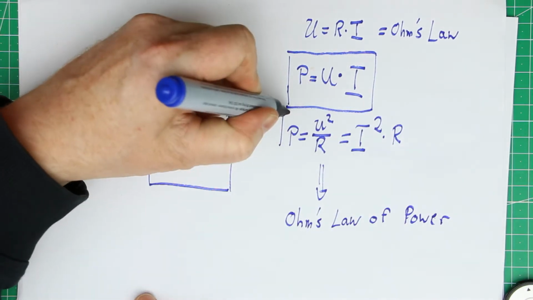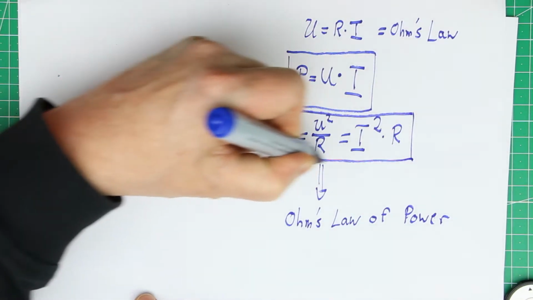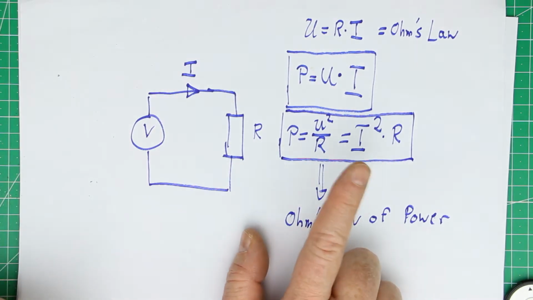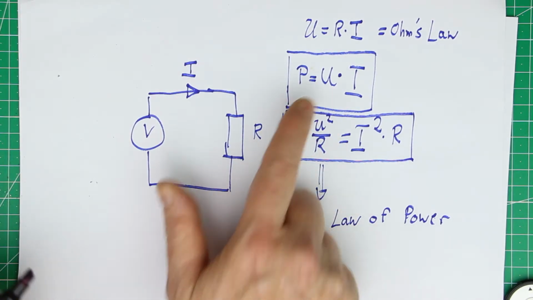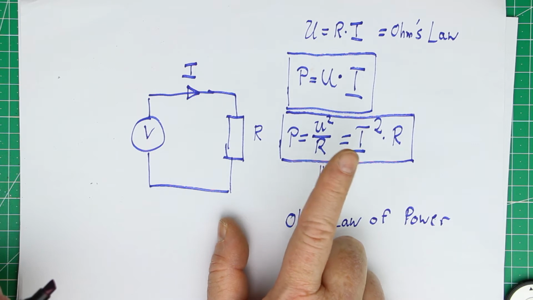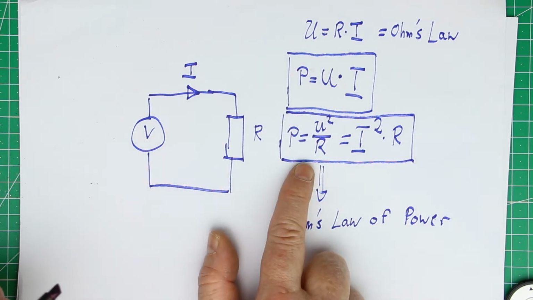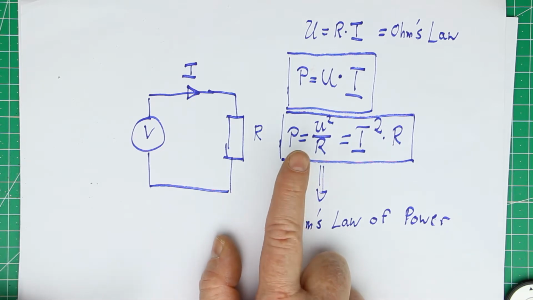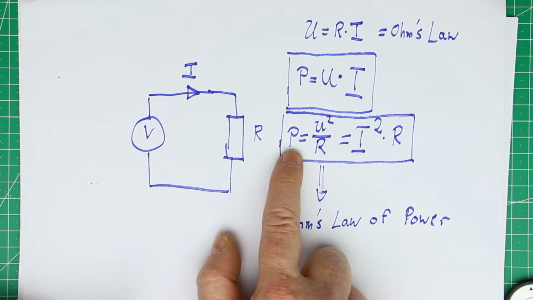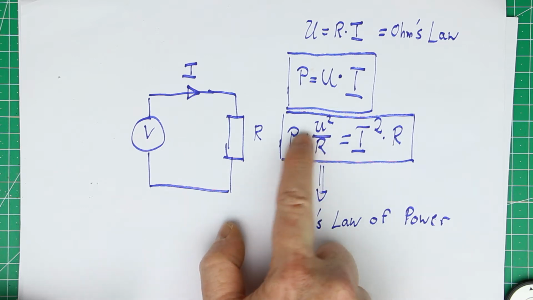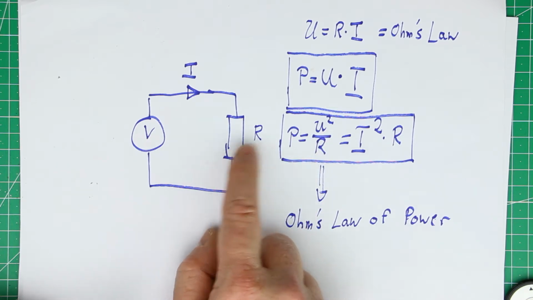And that is the second formula you should always remember, because after Ohm's law, it's the second most used formula in electronics.